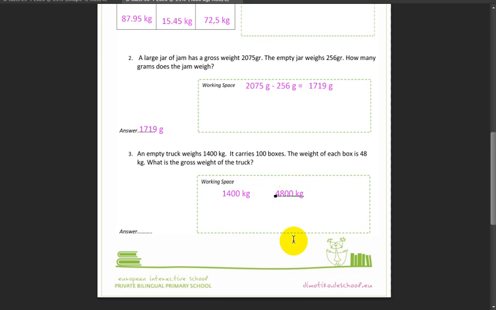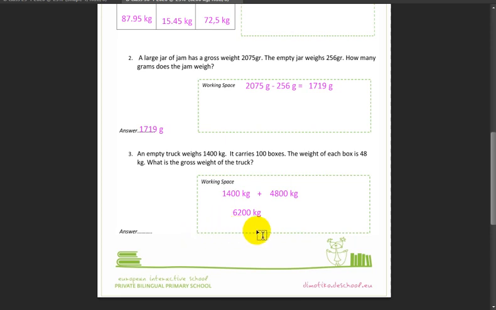And to figure out the gross weight, I would need to add these two. If I add these two, what I'm going to find is 6,200 kilograms. And that is my answer.